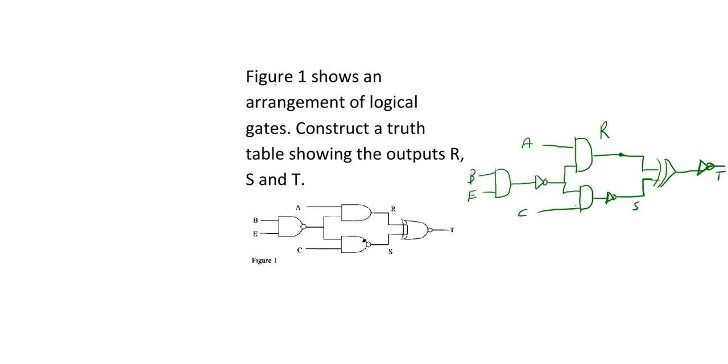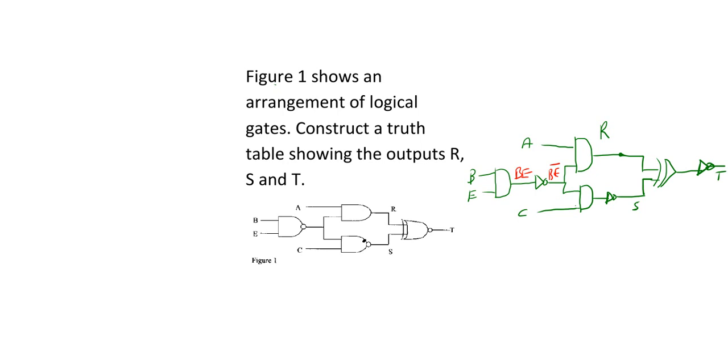So the other thing you have to do is note or write down the output at every step in these gates. And this is what we do. This gate, we write the output. The output will be B times E. Then when they pass through the NOT gate, the NAND gate will produce BE, then overall bar like that, complemented.